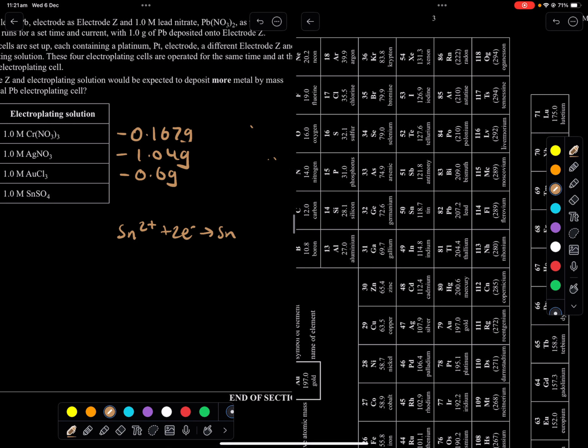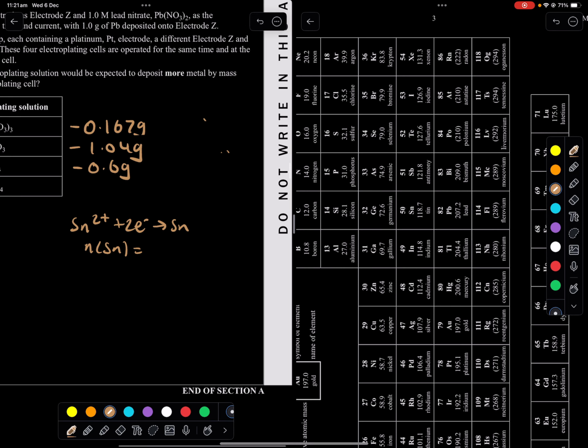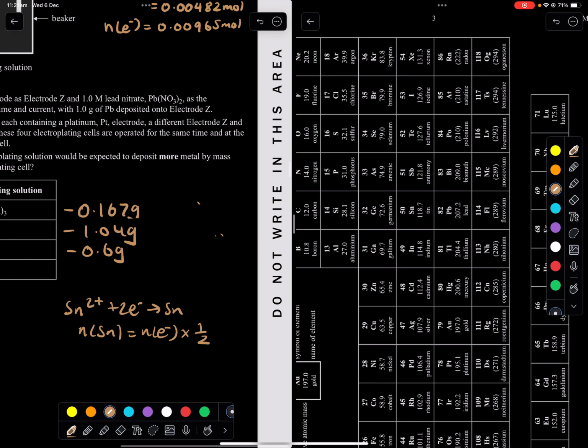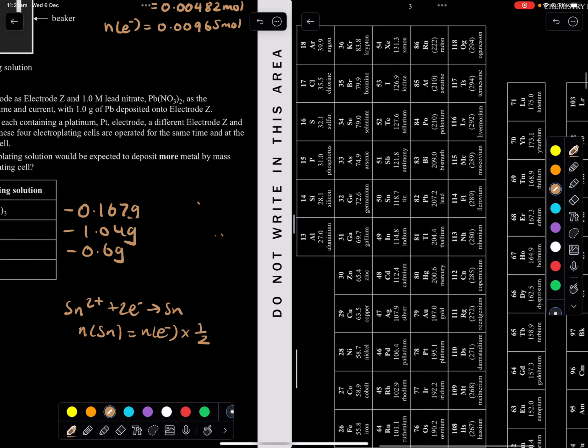The next one is Sn2+ plus 2e- goes to Sn. So the number of moles of Sn is going to be the number of moles of electrons times 1/2. So 0.00965 times 0.5, and then we just multiply by the molar mass of Sn.